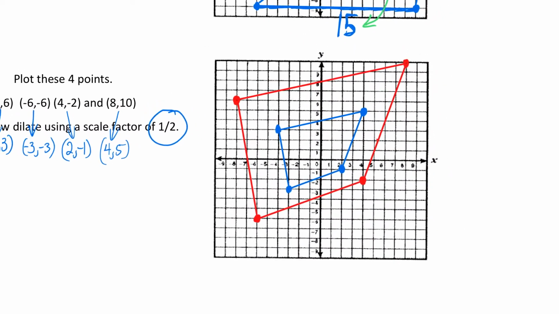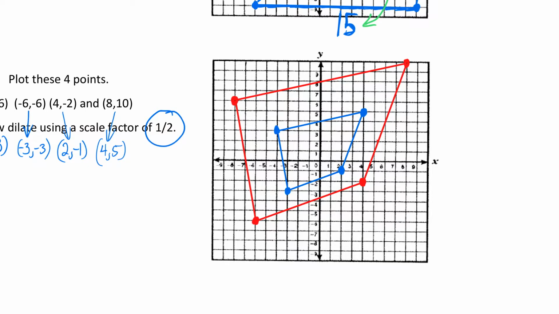Okay, so we started off at the one that I drew in red there, to the blue one. Did it get smaller? Yep, sure did. Using that scale factor of 1/2, it's going to reduce the size of it.